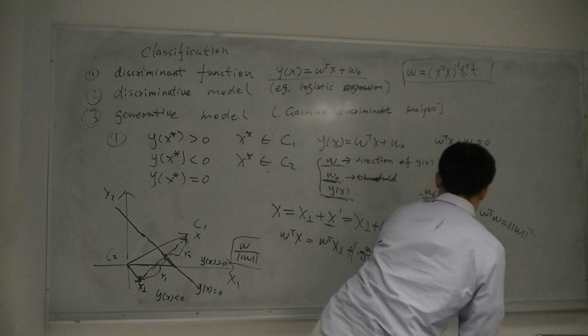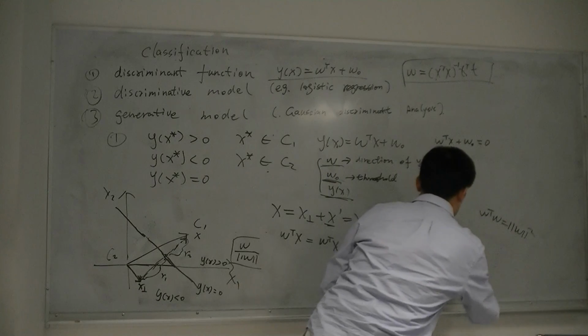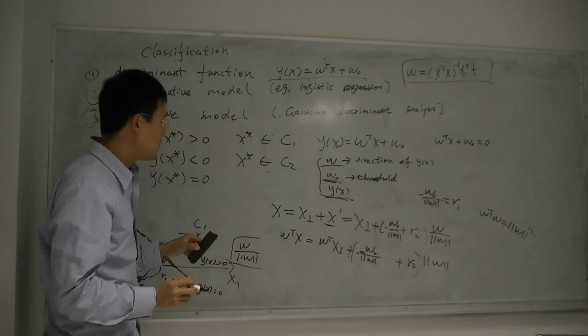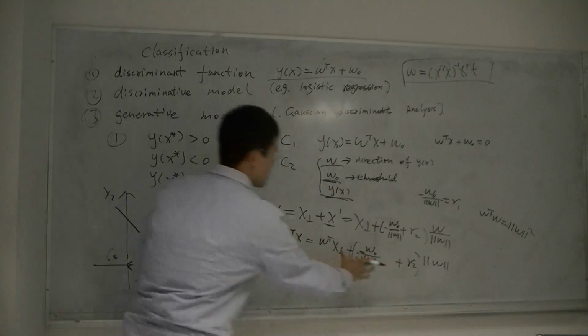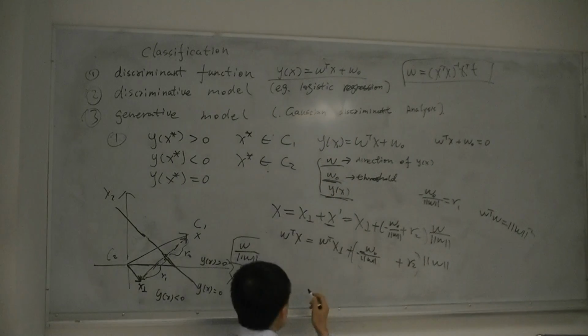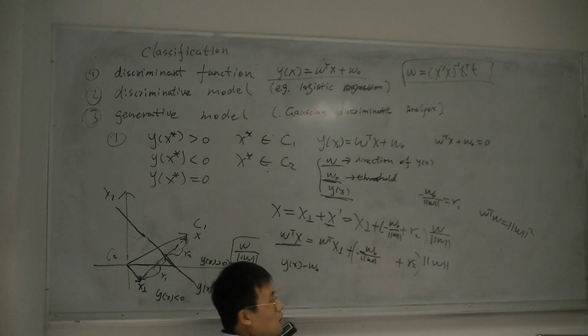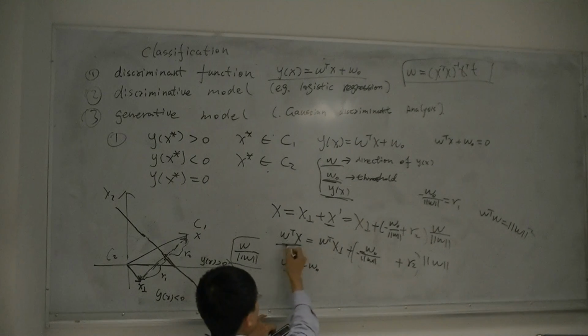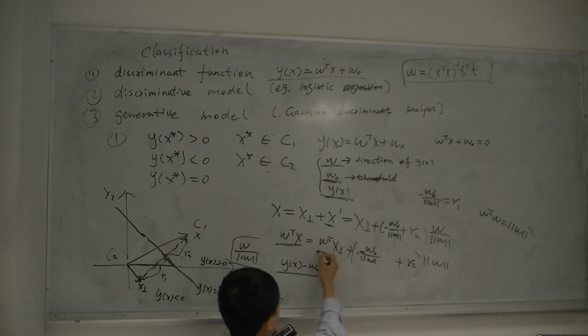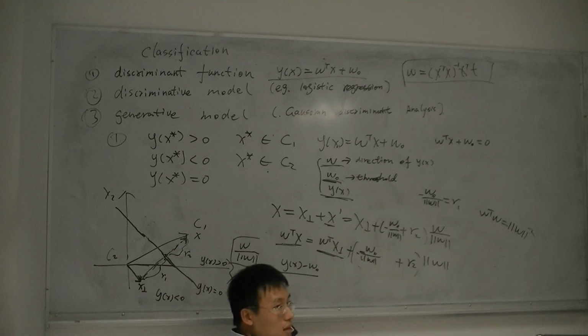So this term is equal to the magnitude of omega. And we expand this term. What's this? This is y of x minus omega 0, right? And what's this? This is equal to 0, because they are orthogonal and perpendicular.